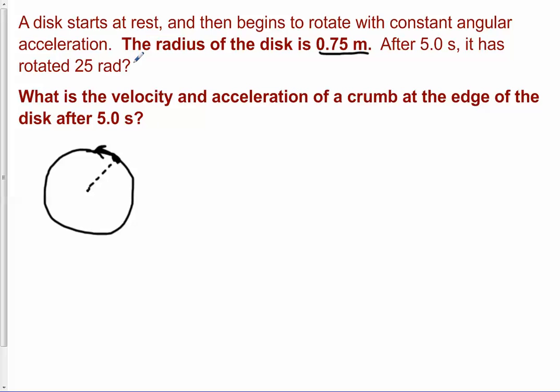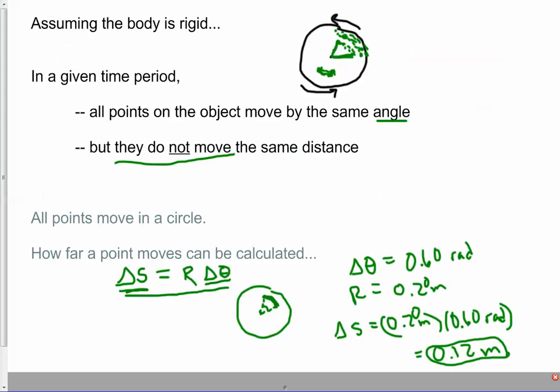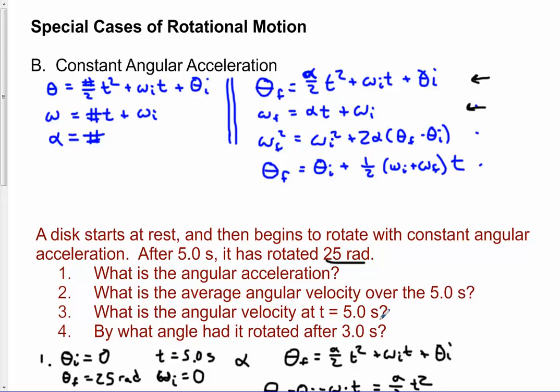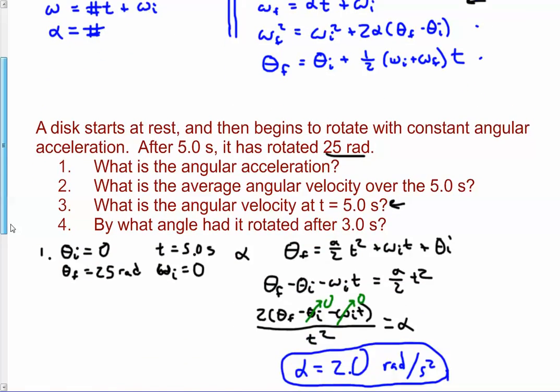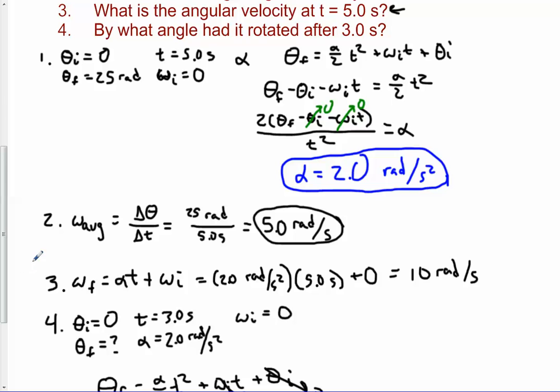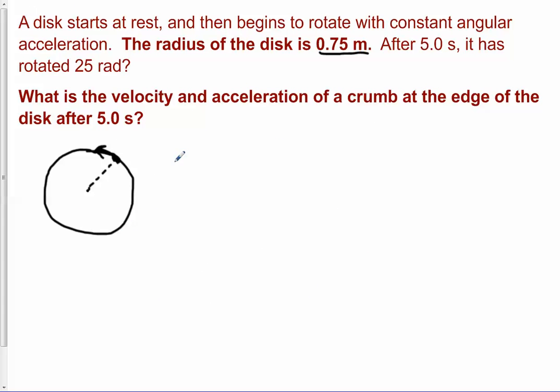All right, well, after 5 seconds, I think we already figured out, what did we figure out from before? That was question 3. After 5 seconds, what was the angular velocity? And that was 10 radians per second. So we had omega was 10 radians per second. So v is just r times that.